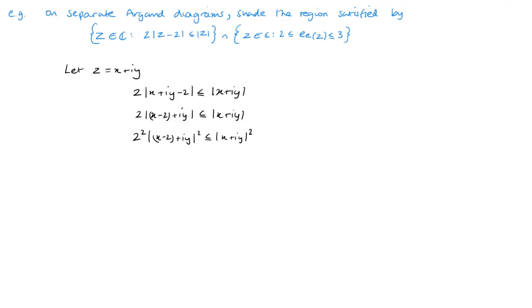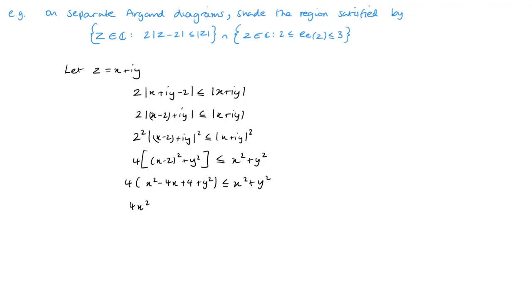And when I square it, I get this as 4, and then I've got (x − 2)² + y², and then it's x² + y². So this is 4, and then x² − 4x + 4 + y², and x² + y².